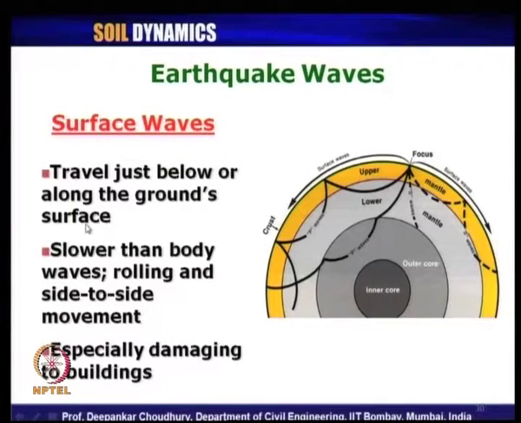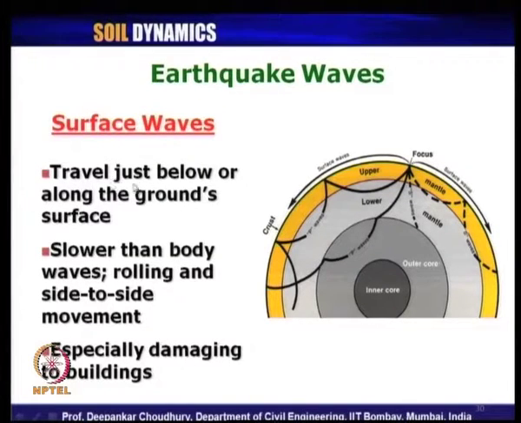Coming to the surface waves, they travel within the crust, very close to the ground surface. That is why the name surface wave. If you look here, this is the earthquake focus; S waves and P waves travel inside and get recorded on the other side, whereas surface waves travel along the surface, as the name suggests, only in this direction to a certain distance.